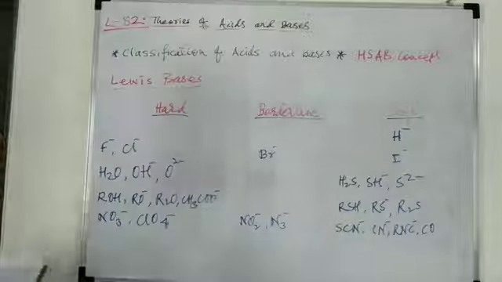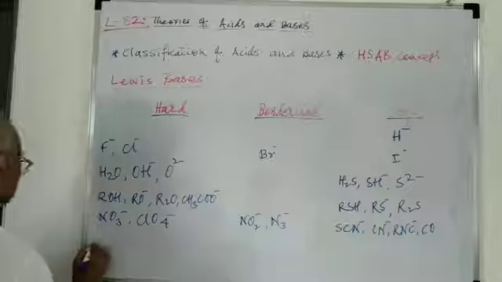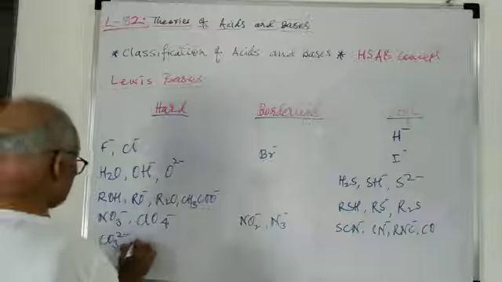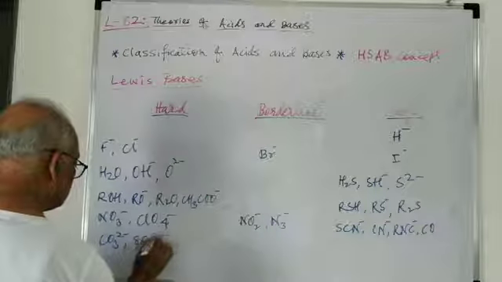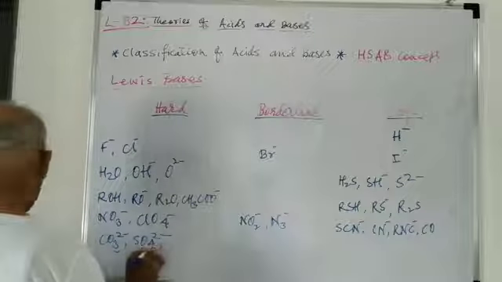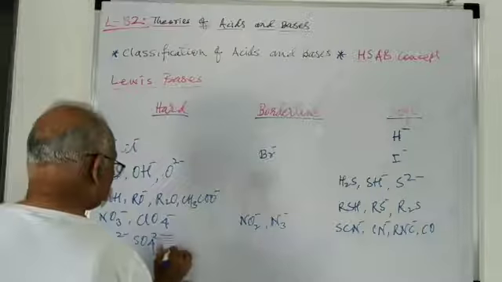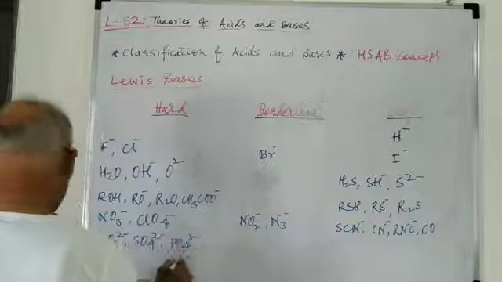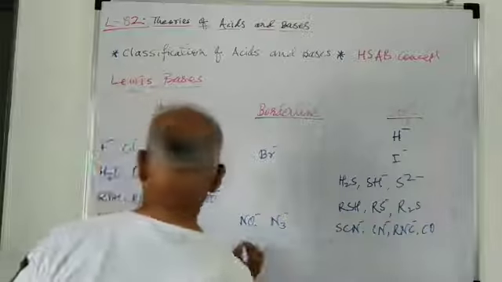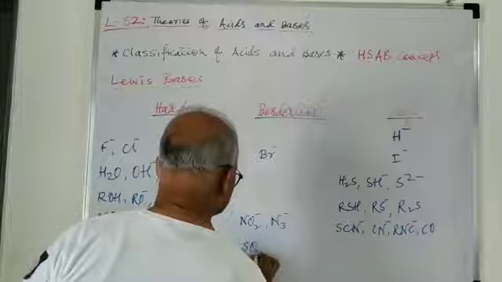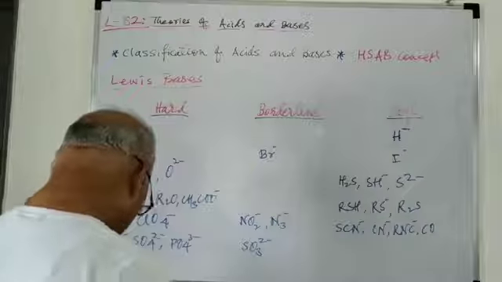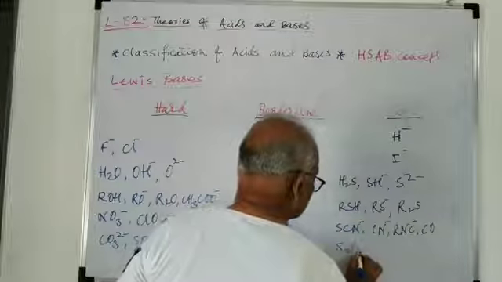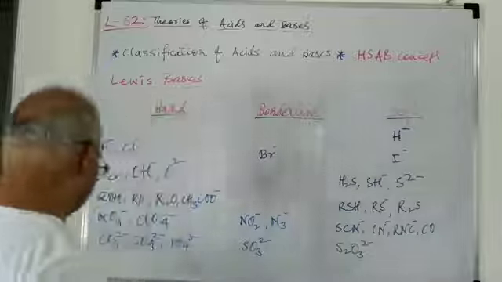Then next is carbonate CO3 2 minus, SO4 2 minus, PO4 3 minus. Then next is SO3 2 minus, which is a borderline species. Then S2O3 2 minus, which is a softer species.